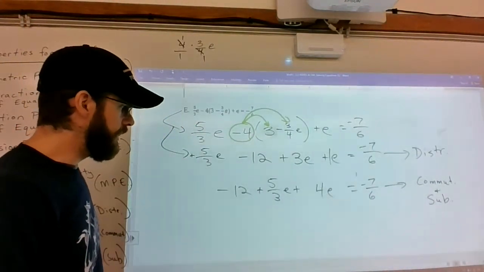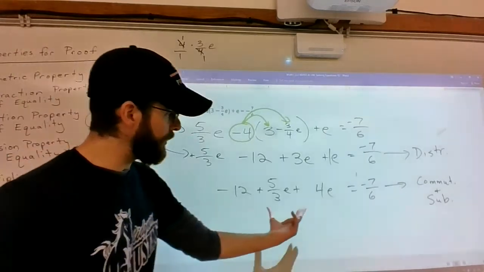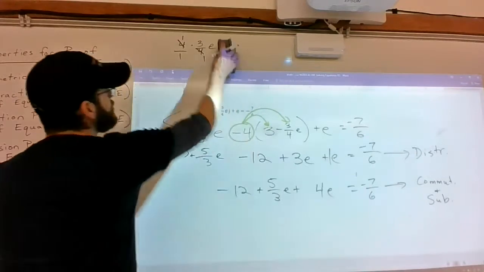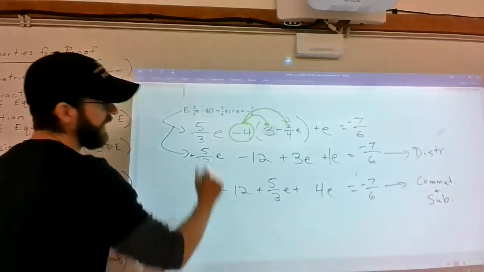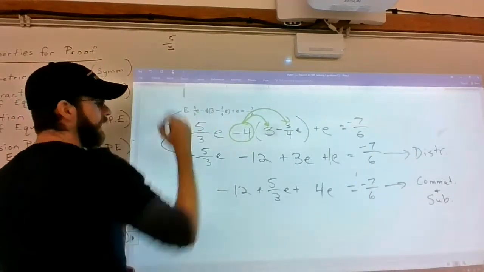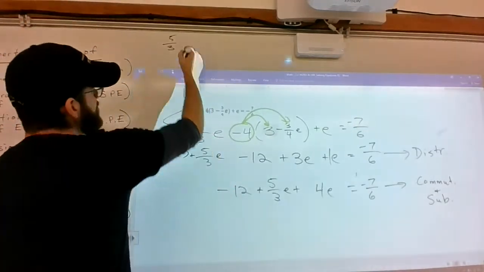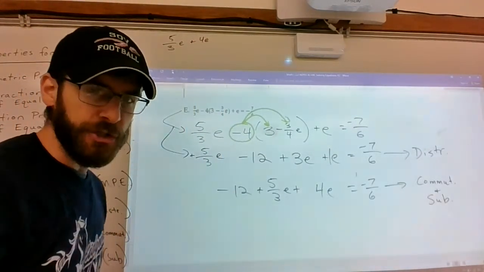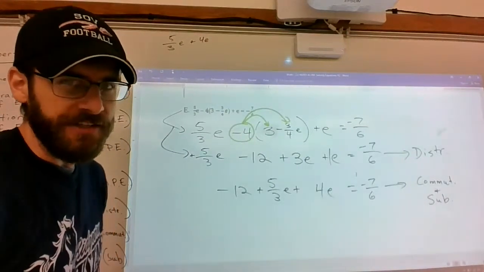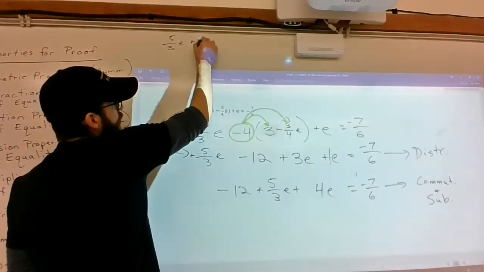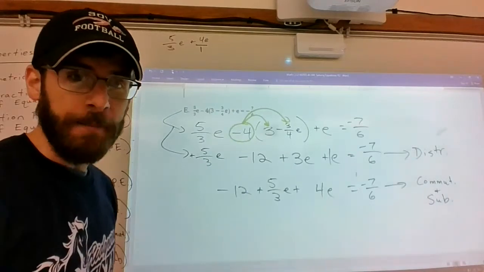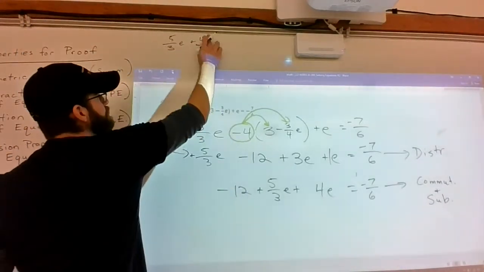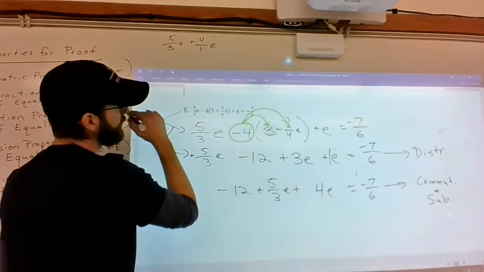All right, so at this point in the problem, I want to simplify 5/3 plus 4. So I might have to do that on some scratch paper off to the side. 5/3 e plus 4e. I can add these two fractions together in two different ways. I think the way that might be easiest for you guys is to put the 4 over 1 and then find a common denominator between 5/3 and 4 over 1. So the e is just going to be over here.